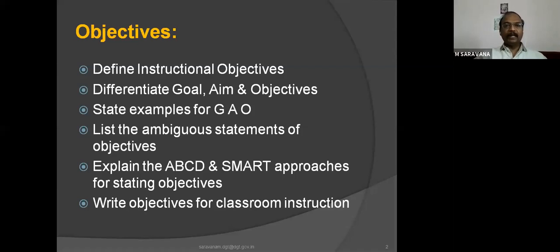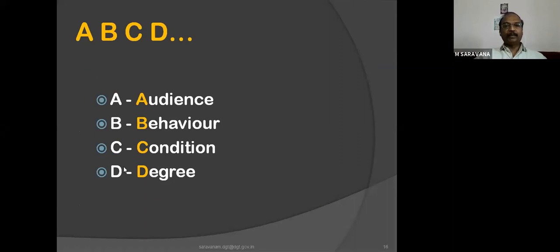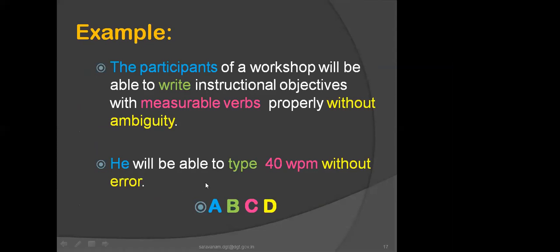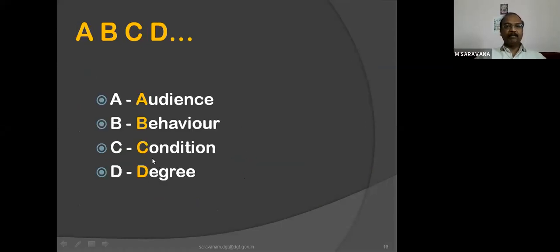With the example I have shown you, again I will show you. A is audience: he will be able to type 40 words per minute without error. B is behavior, C is condition, and D is degree. So audience, behavior, condition, degree is the ABCD approach.